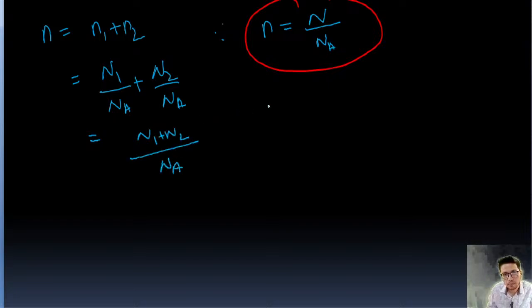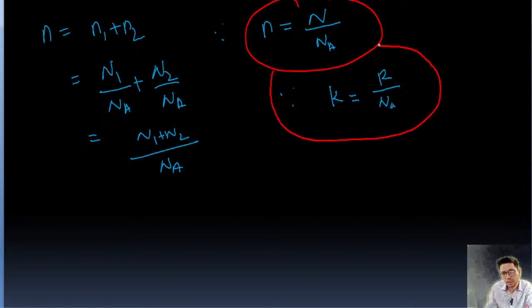And now we know the Boltzmann constant K is equal to R upon Na. This is also a very important formula, guys, you need to note down.